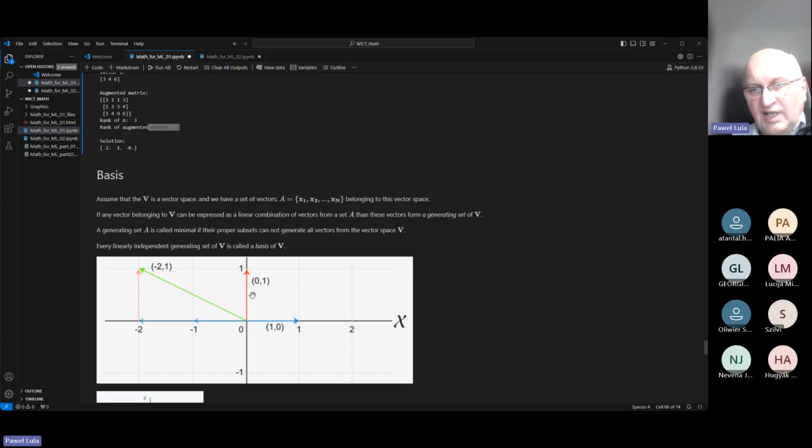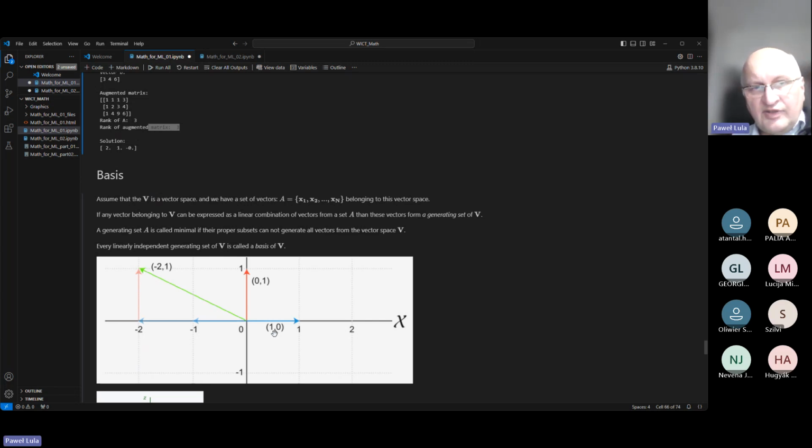And the last issue, which I wanted to discuss in this first part of our lecture. It is a concept of basis. You remember, we were talking about vector spaces.